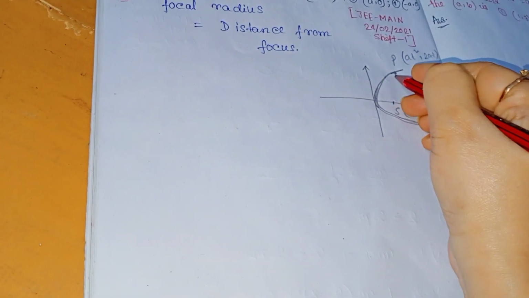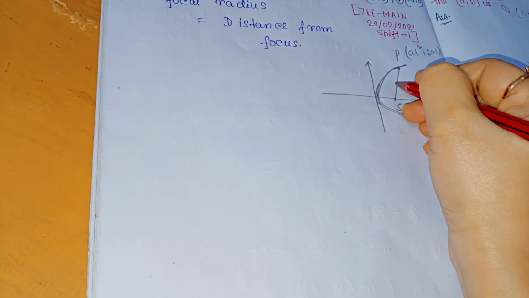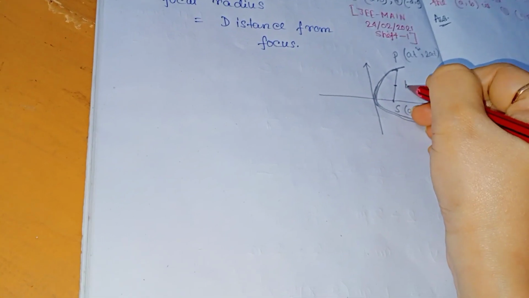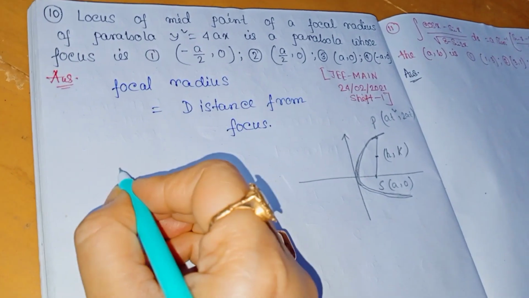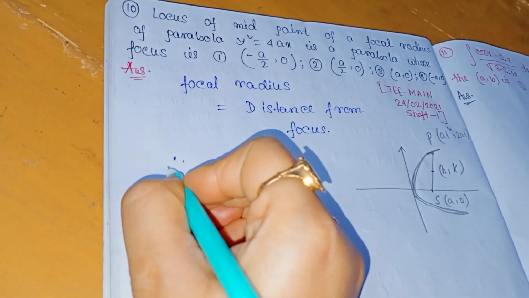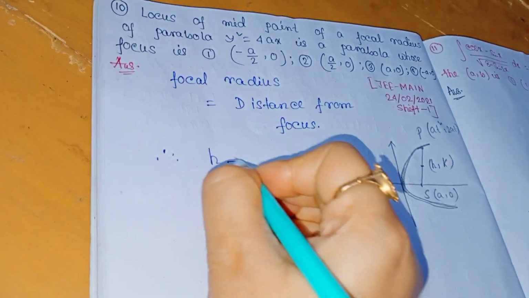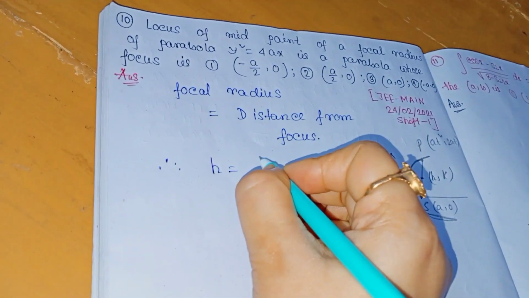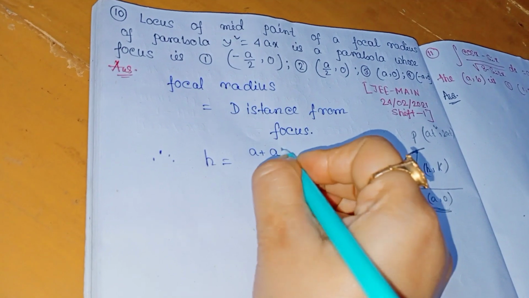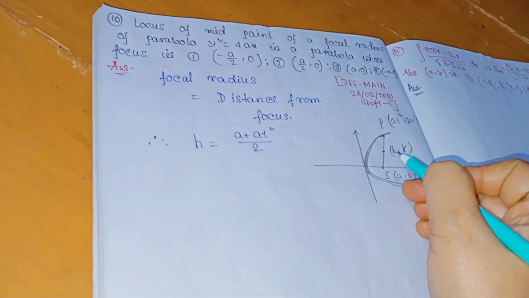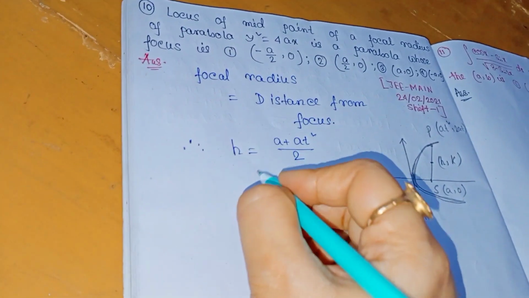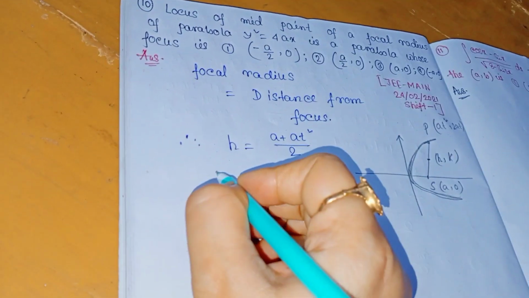So this is the line, and the midpoint is H comma K. Since it is the midpoint, we may write H is equal to a plus at squared divided by 2.